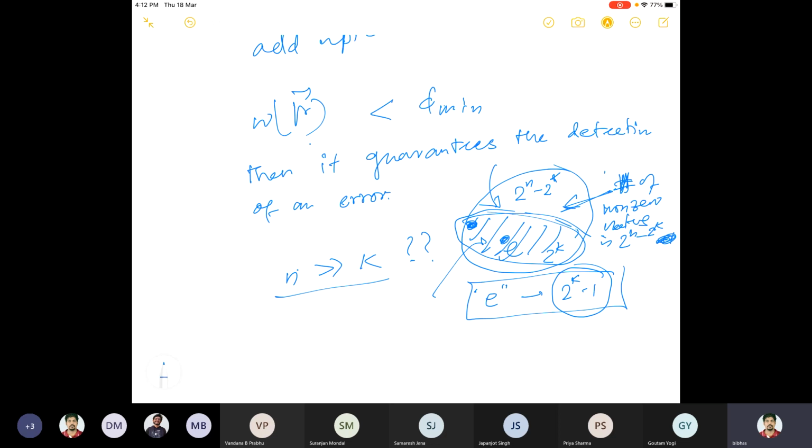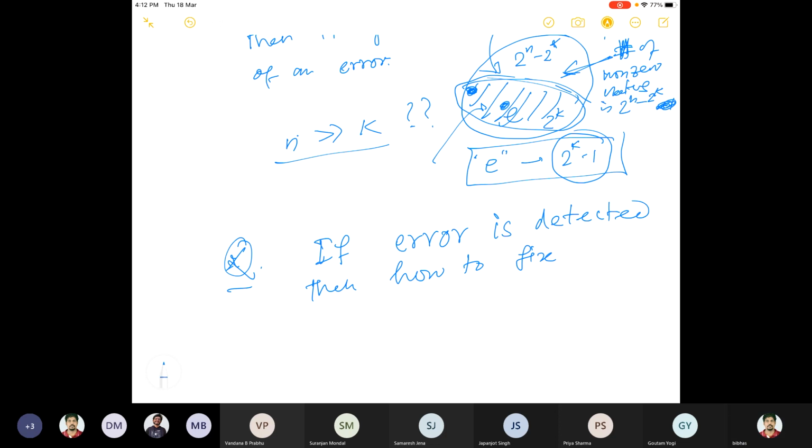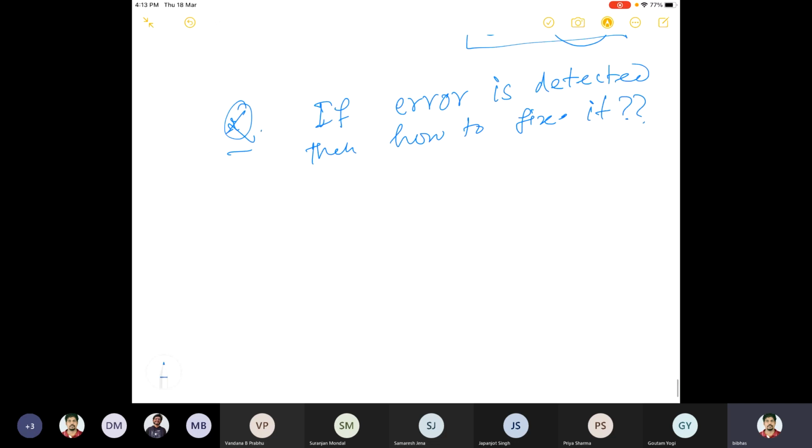Now we'll talk about this question: if an error is detected, then how to fix it? How to rectify the error, basically.